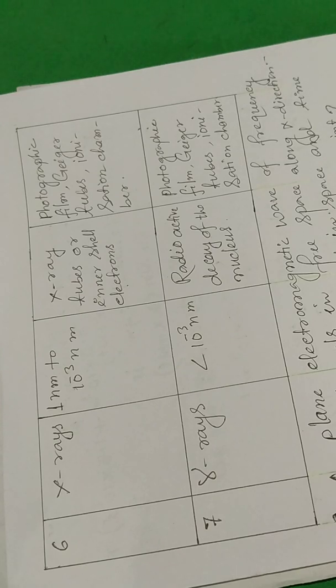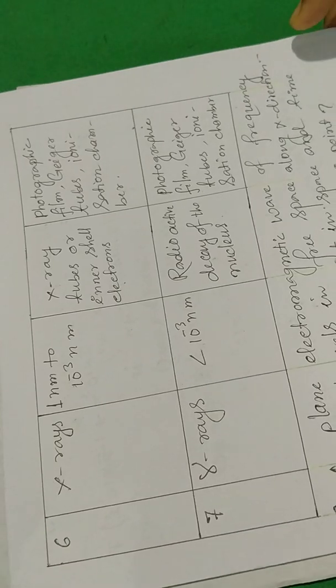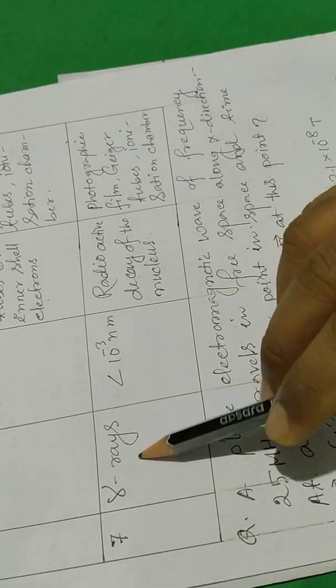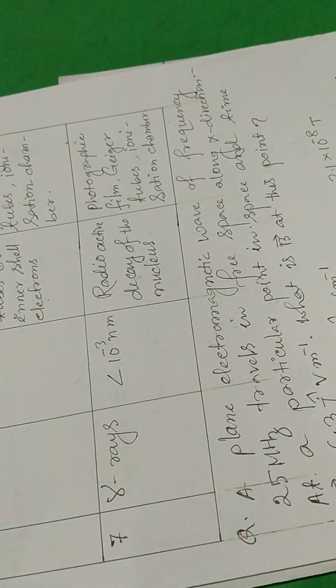And the last one, number 7, gamma rays. The gamma rays lie at the uppermost frequency range of the electromagnetic spectrum.